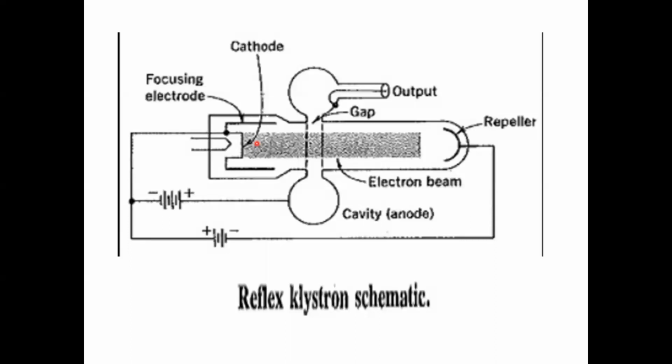The moderate electron has moderate speed, equal to the applied beam voltage. The early electron has the lowest velocity, so they try to reach the gap. In this process the electrons rush into the gap. That is called the electron beam.